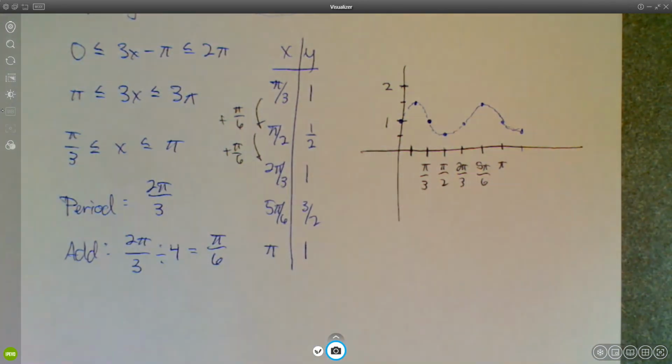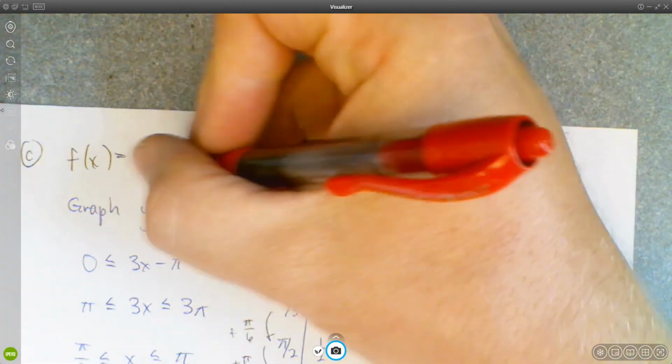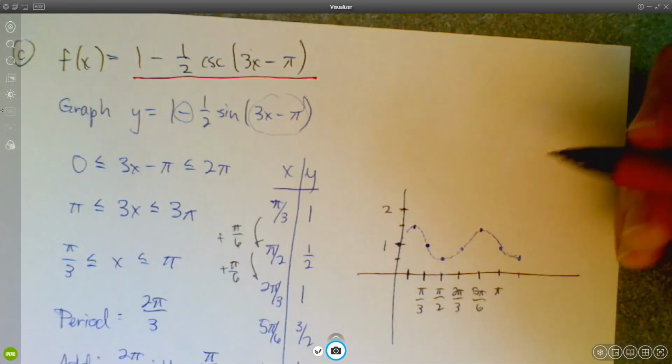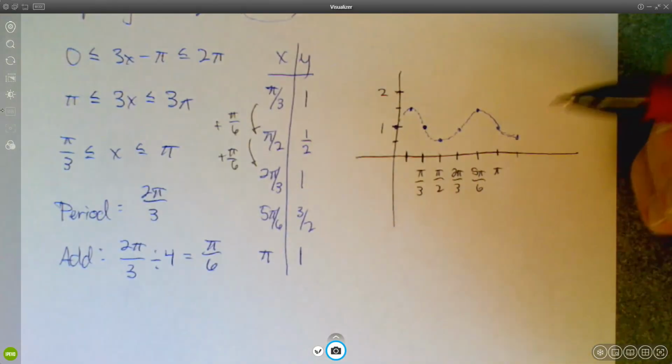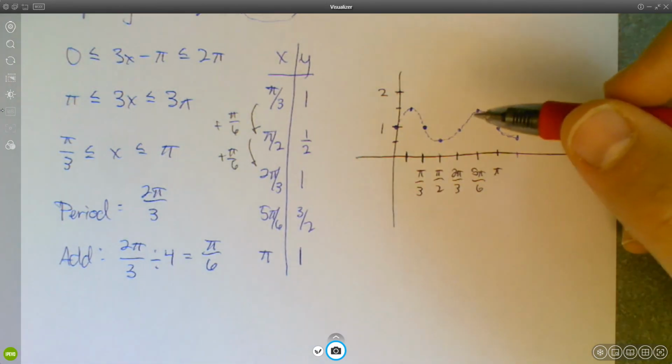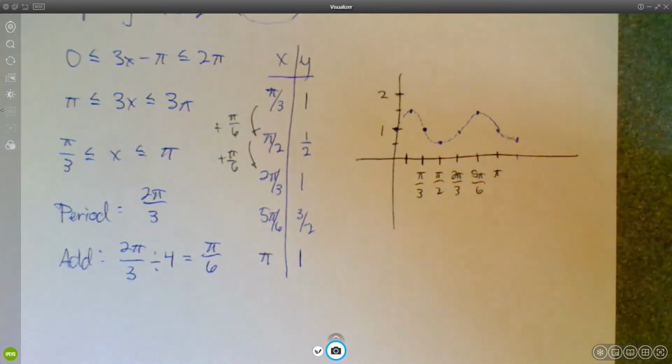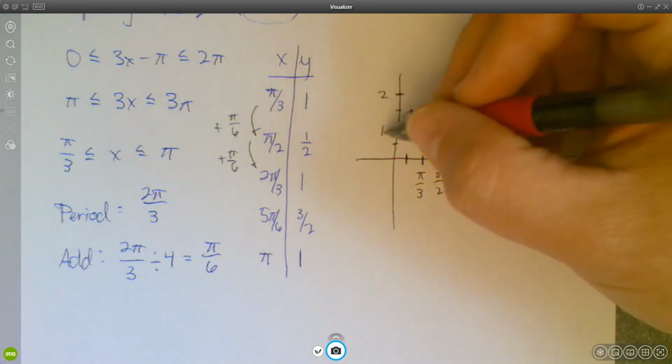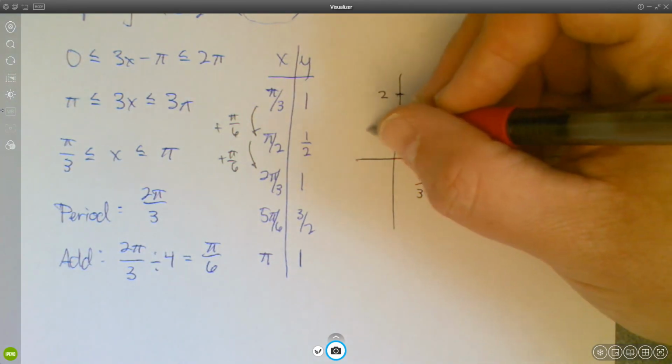So that's the sine function, but I wanted to graph cosecant, which I'm going to do in red, okay? So usually I would say wherever you have zeros, you're going to have vertical asymptotes. Obviously you don't have zeros here, but it's where the sine function would be 0 if we hadn't done any transformations. So in other words, it's kind of like 1 has become the new 0 because we shifted the whole thing up 1 unit.